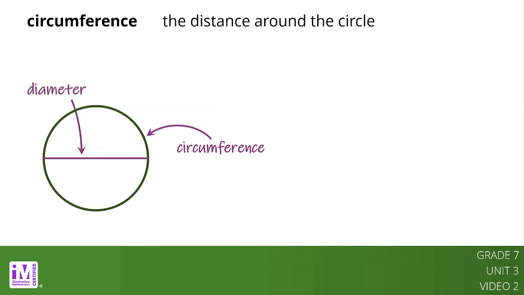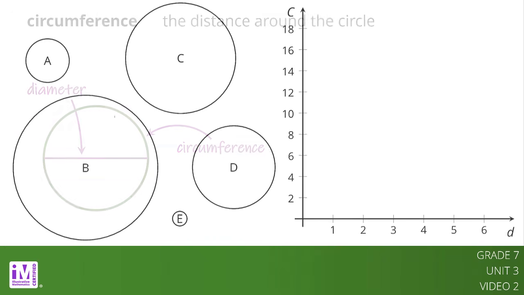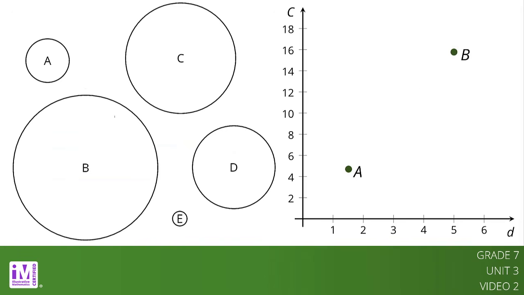Imagine measuring the diameter and circumference of various circles and then plotting the measurements in the coordinate plane. The graph appears to be a straight line that goes through the origin (0, 0).